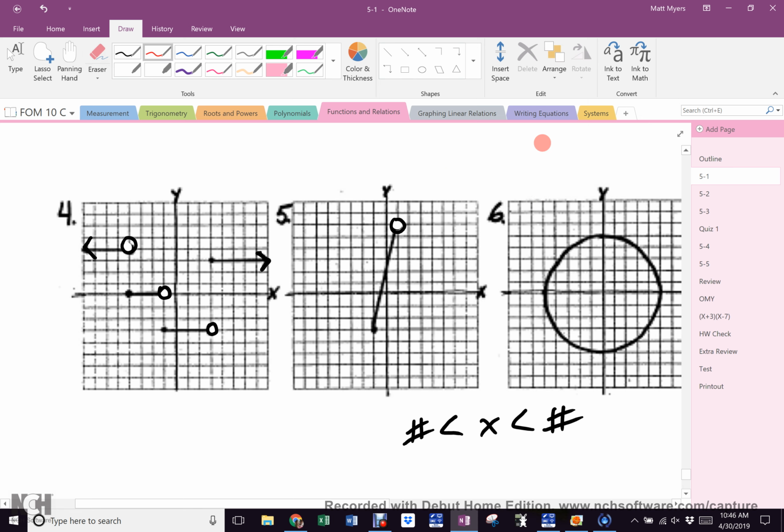Well, you can't use the list on any of these except one of them. There's only one on here where you can do the list. Only the one with dots. If there's a line, you have to use either this or brackets. Okay?